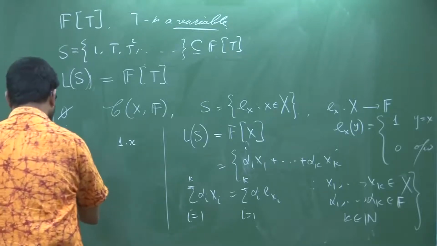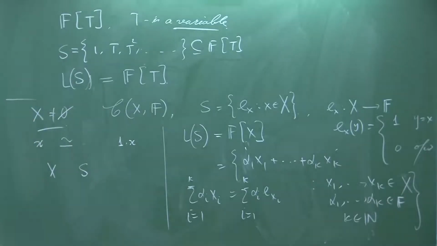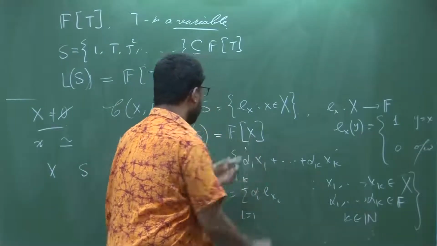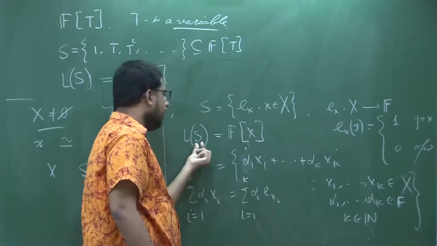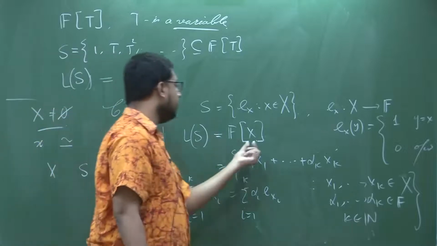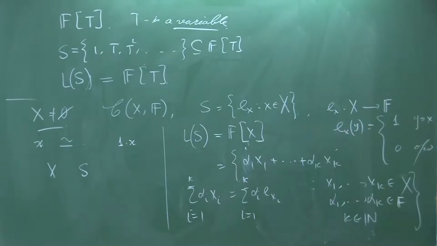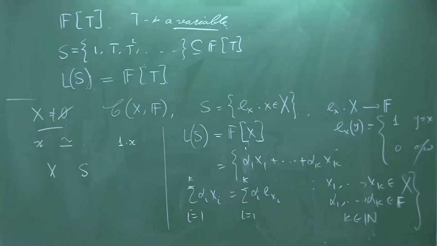So, that means the set X is being identified with this set S, and F X is spanned by S. Right now I am saying X and S are identified. Therefore, we can simply say from now on that F X is spanned by X itself. This is just to make terminology simple.